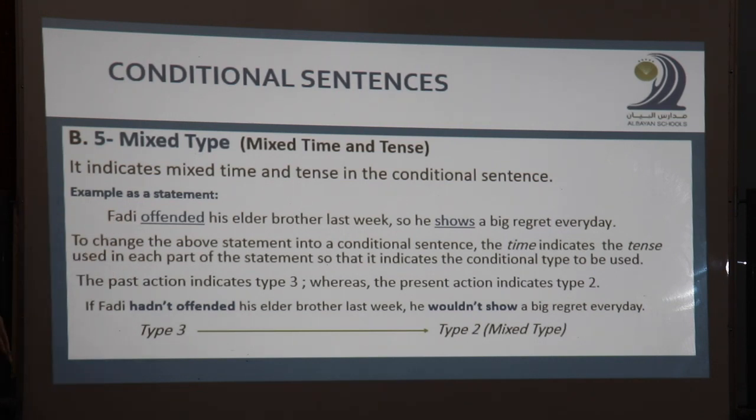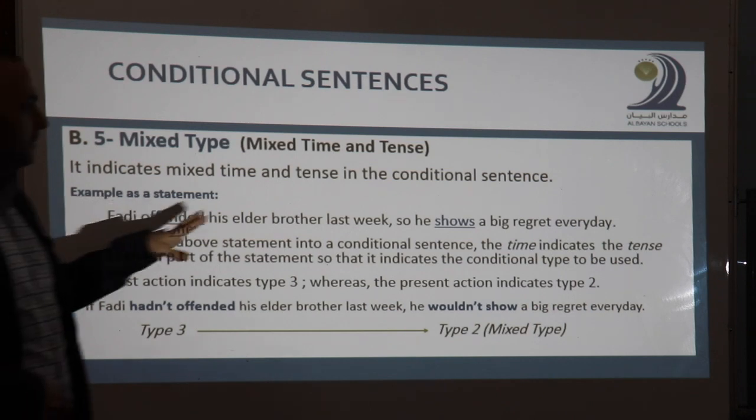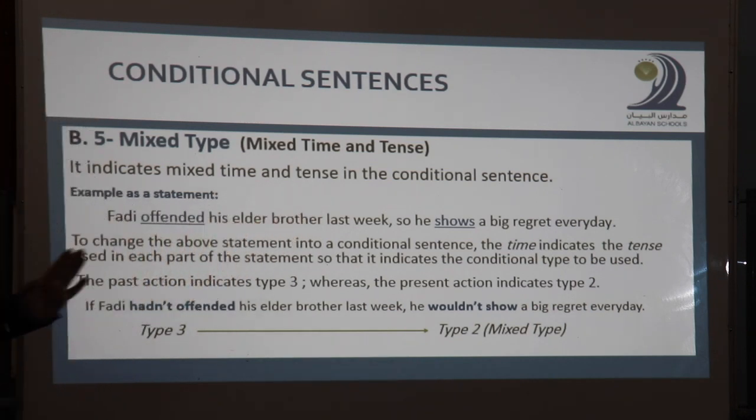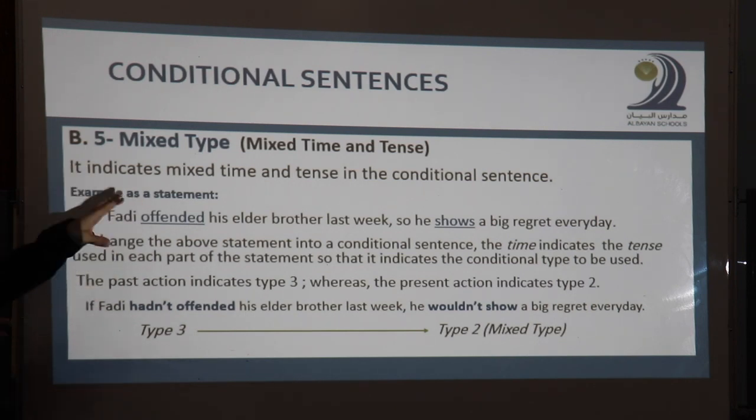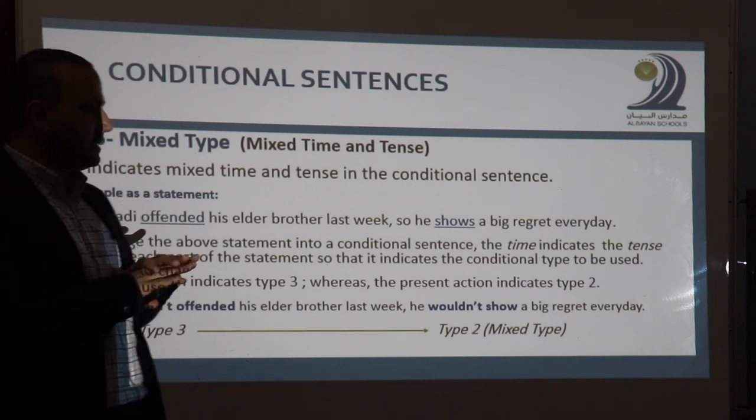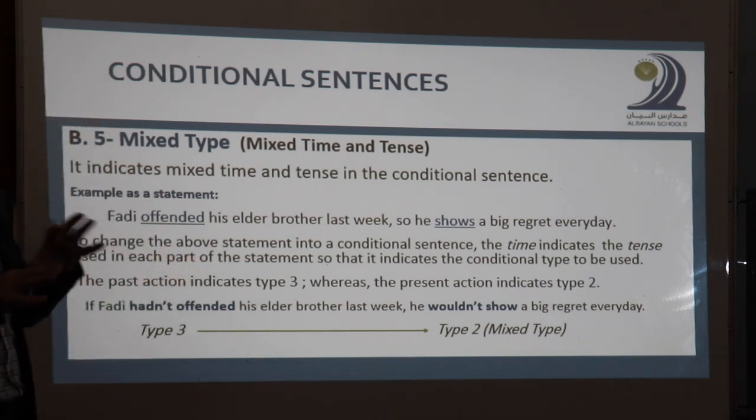What does it really indicate? It indicates mixed time and tense in the conditional sentences, if we have different times. Here, let's look at this example. Of course, this one definitely can't be understood without going deep into the details of the example.